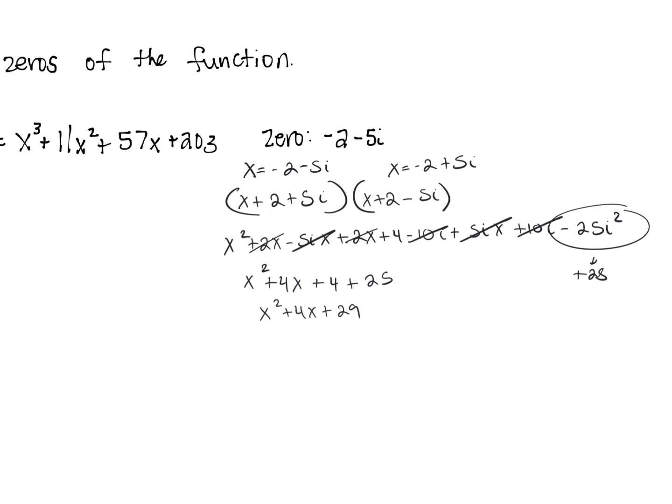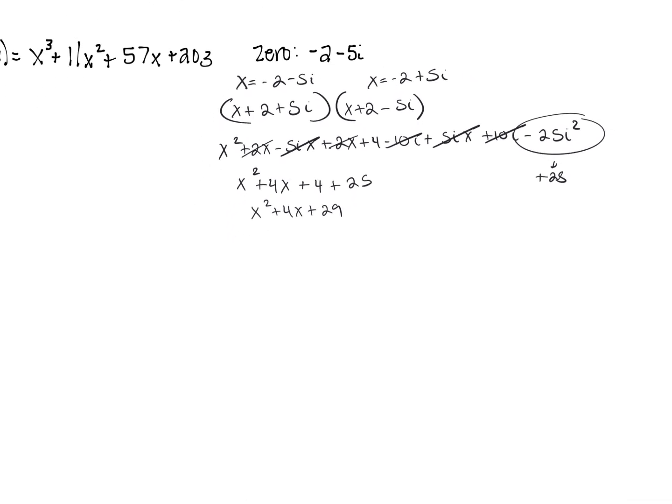Now we know that 0 is going to work out, so I can go ahead and do long division. So I'm left with x cubed plus 11x squared plus 57x plus 203, and that's going to be divided by x squared plus 4x plus 29. So I'm going to start with x.